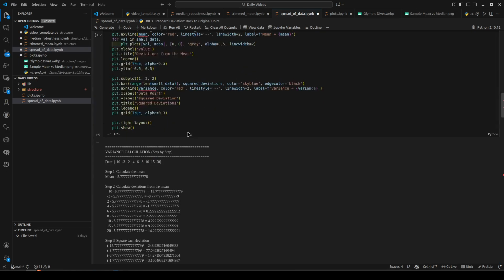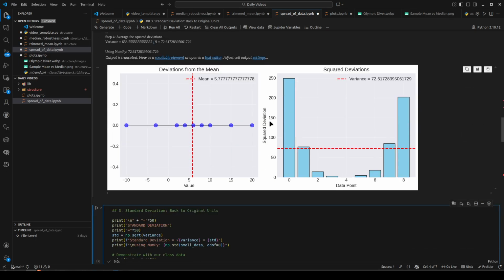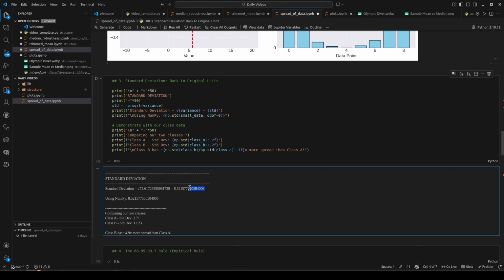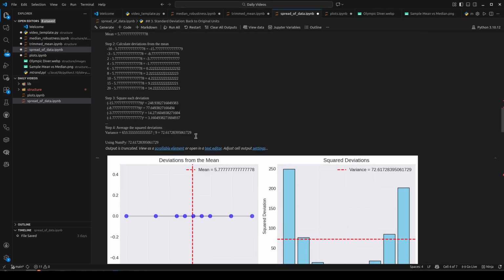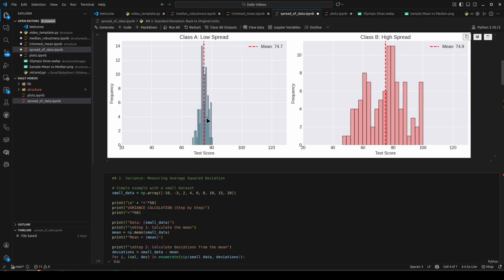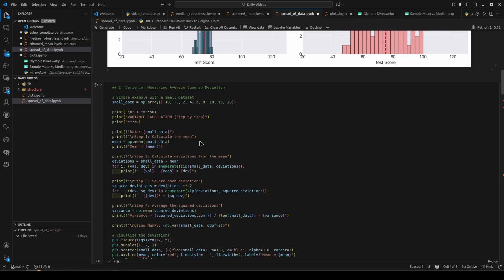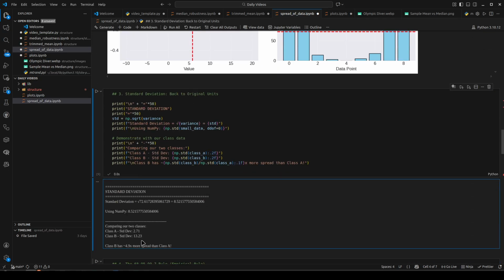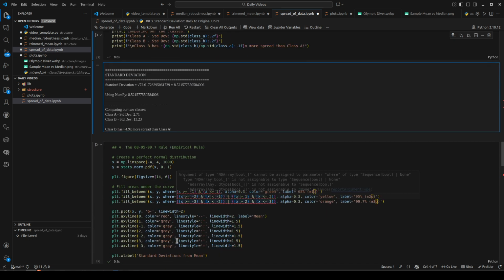Well, this is not the same example, but imagine it was. This doesn't make any sense. You square it, and then suddenly you return to the normal land, to the land of the units that we used originally. So for class A, if we go back here, standard deviation is 2.71%, whereas with class B, it's 13.23, which is a lot more spread than class A, right?